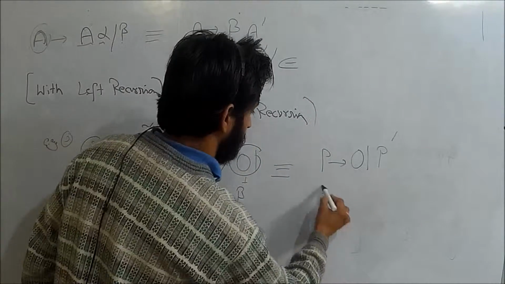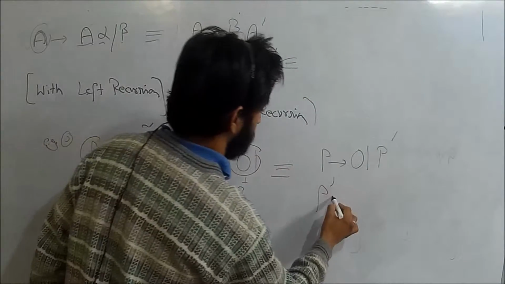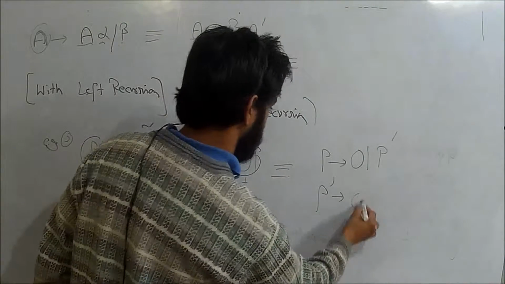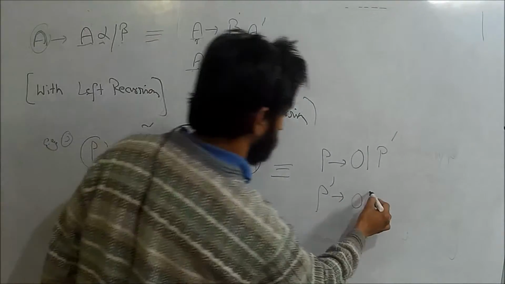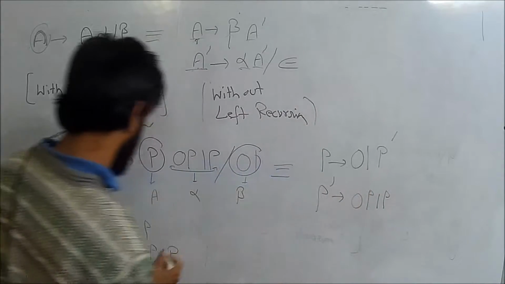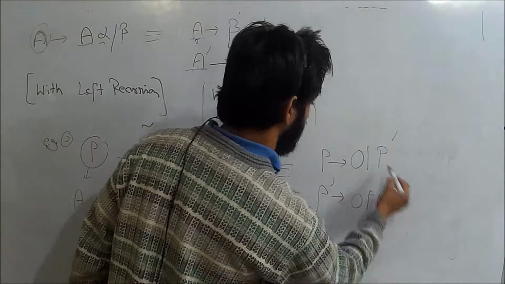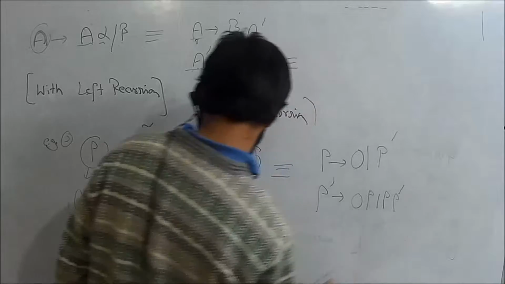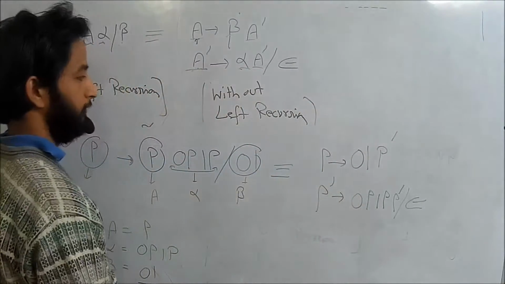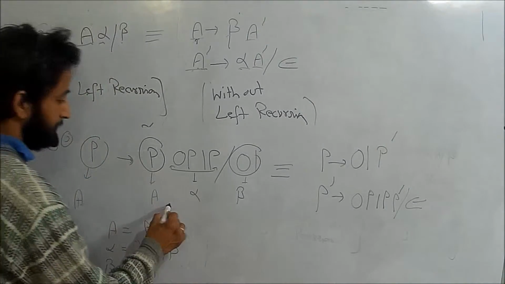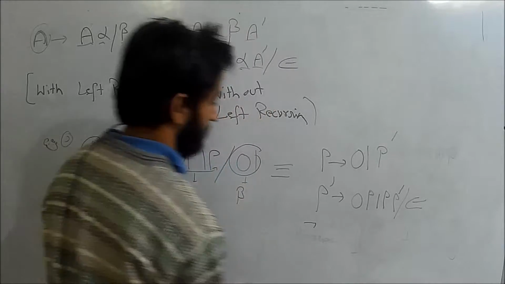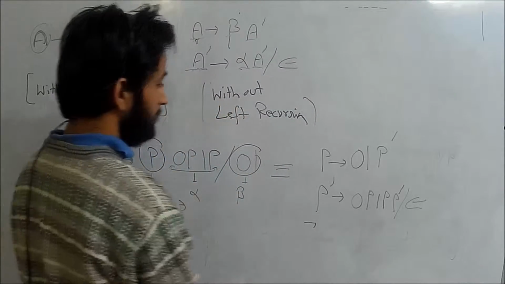And A dash, or P dash, derives alpha, which is 0 P 1 P, then A dash, which is P dash, and next is epsilon. So we change this left recursive grammar to the equivalent grammar which has no left recursion.